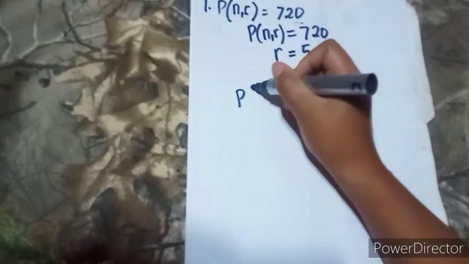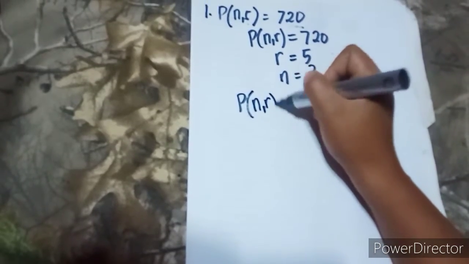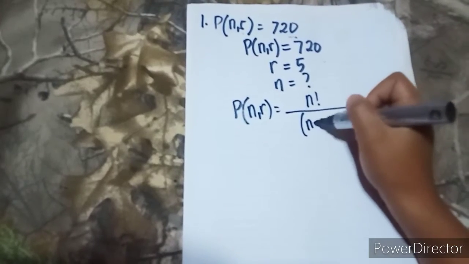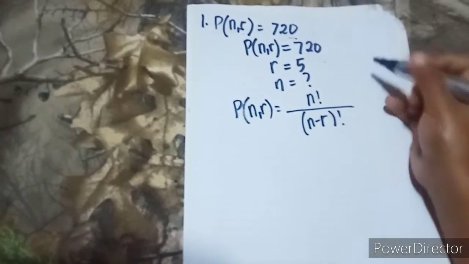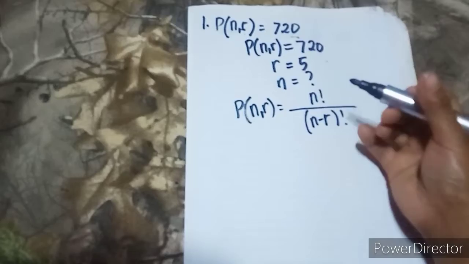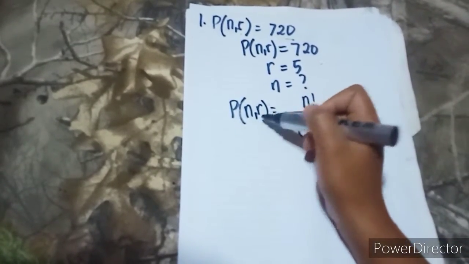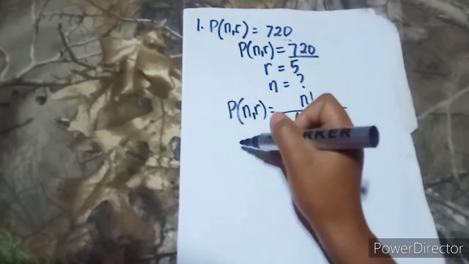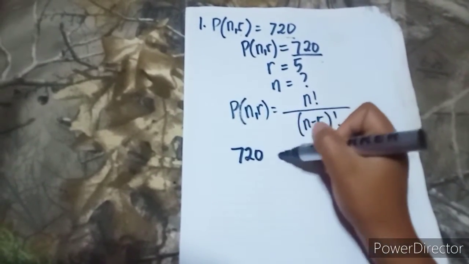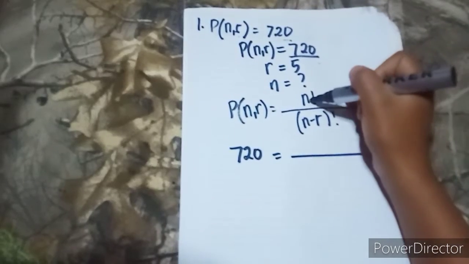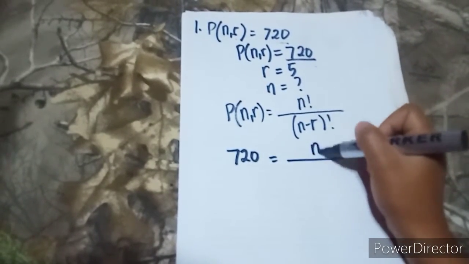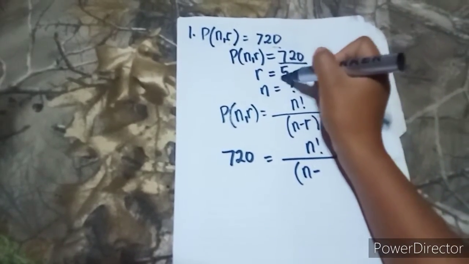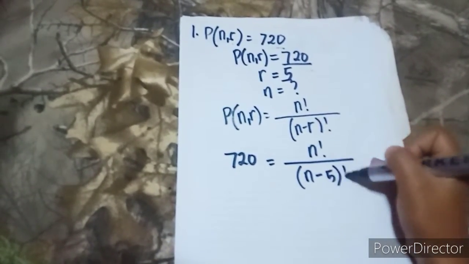The permutation of n objects taken r at a time is equal to n factorial over n minus r factorial. So, substitute all the given values: 720 is equal to n, which is unknown, factorial over n minus r, which is 5 factorial.